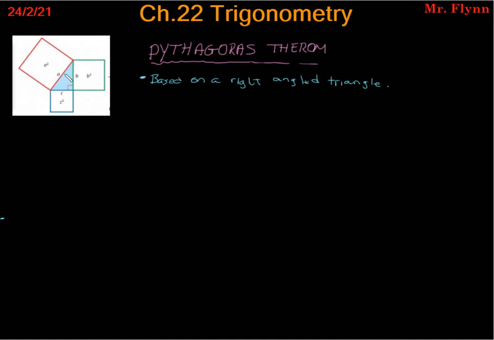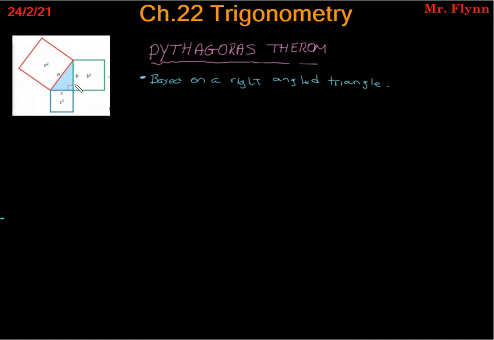The length of A to be squared, so A by A, we're getting a square, is A squared. That red square, the area of that is equal to the sum of the other two sides of the triangle when they're squared. So the length C and the length B.